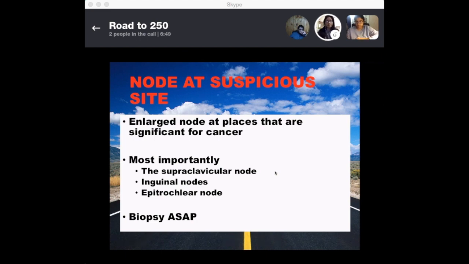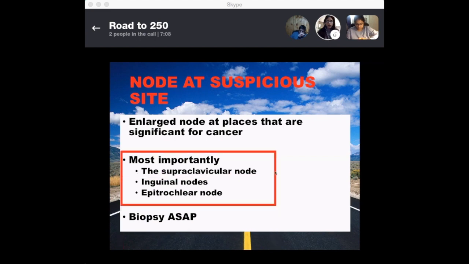So for lymphomas, initially what is diagnostic or how to pick out this pathology is that we have a node at a suspicious site. So an enlarged node at places that are significant for cancer. Most importantly, these are going to be the supraclavicular node, inguinal nodes, and epitrochlear nodes.